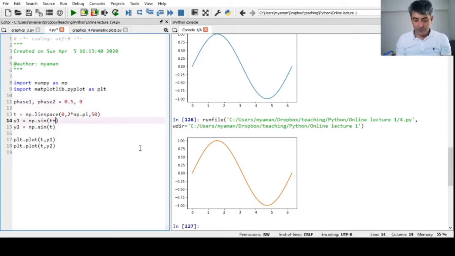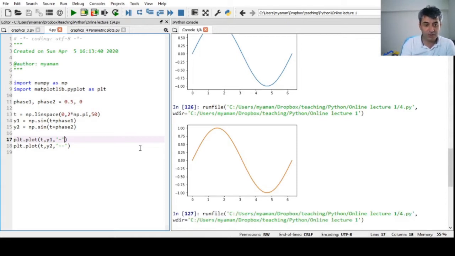I add the phase here, inside the sine function, phase 2. I have two functions, so it will be better if I show the functions with different styles. So the first one is the connected or smooth line. The second one is dashed lines. So let's have a look.